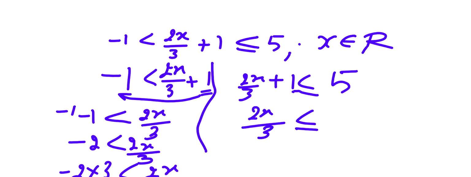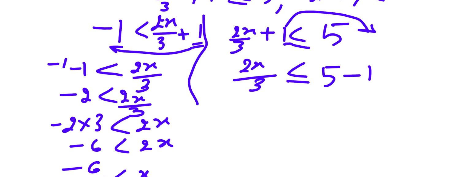This plus 1 we bring to the right, then it becomes minus. So 5 minus 1. Got it? Now 2x upon 3 is less than or equal to 4.